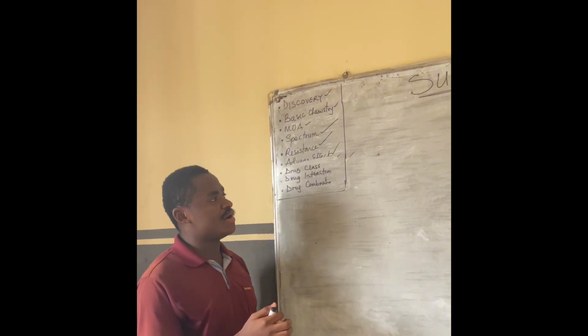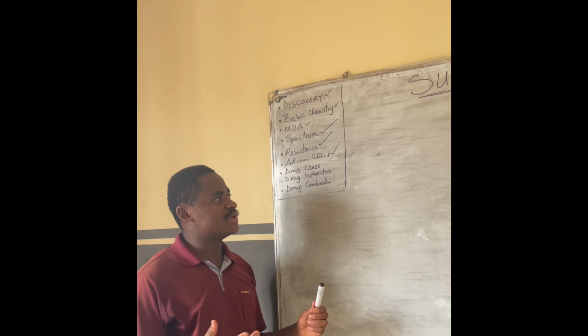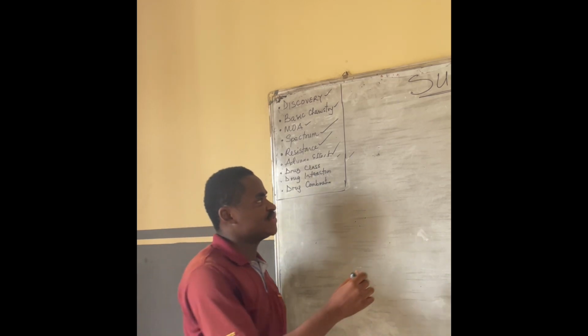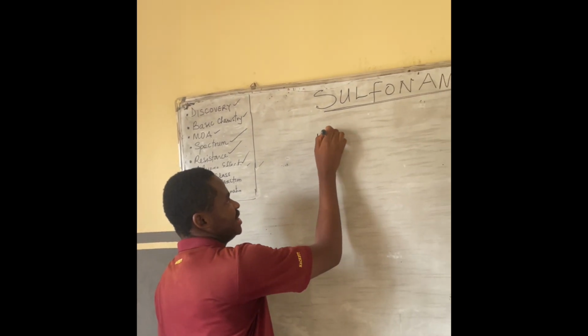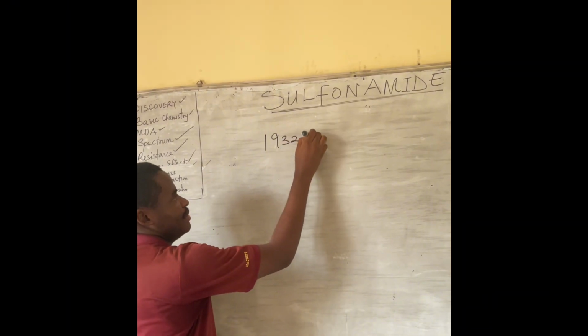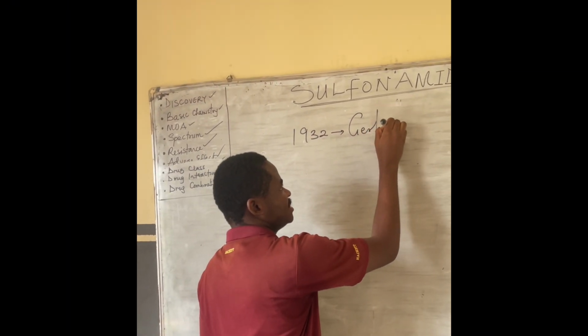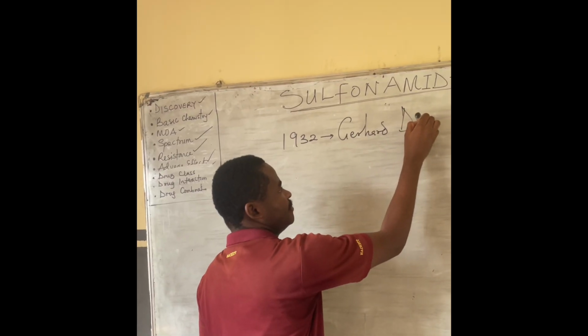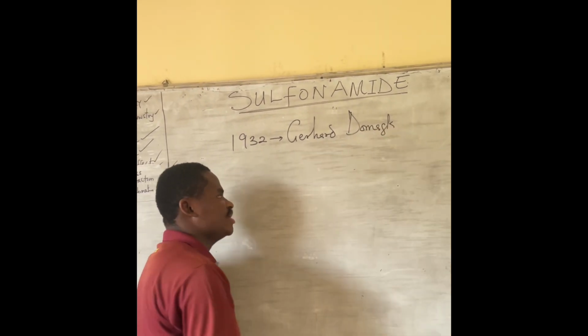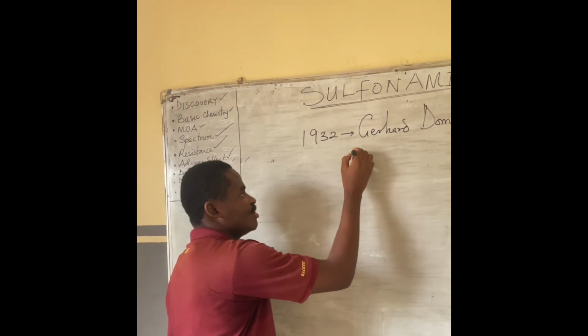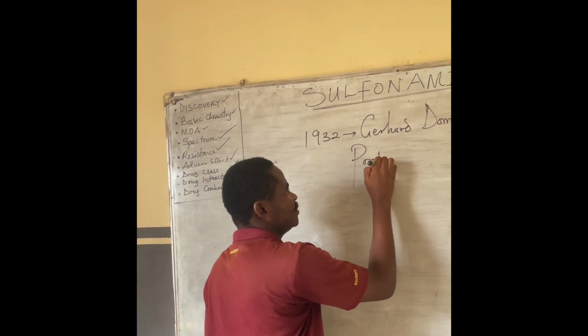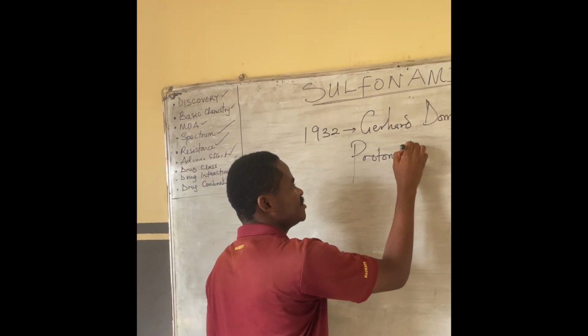Now, what was the discovery about? It was first discovered in 1932 by a man called Gerhard Domagk. What he discovered was the drug called Prontosil.